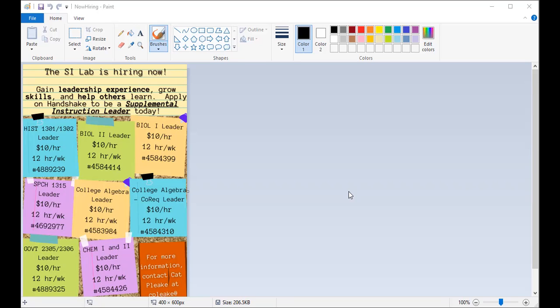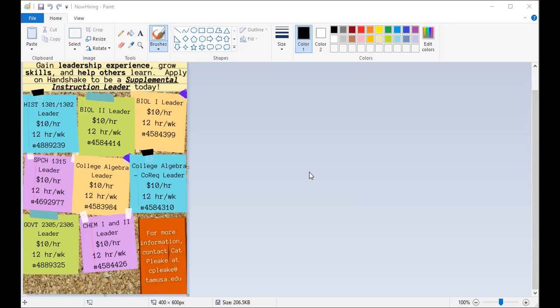So if you are interested in making money over the semester being an SI, or if you have any interest in becoming a teacher or going on to a graduate program, this looks great on a resume when going into a graduate program. Please contact Kat Pleak at this email right here. You can see all of the positions where we're looking for people.